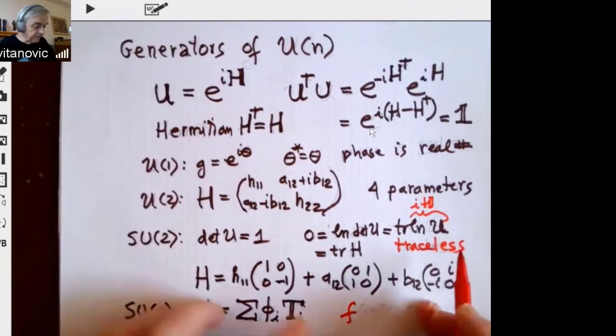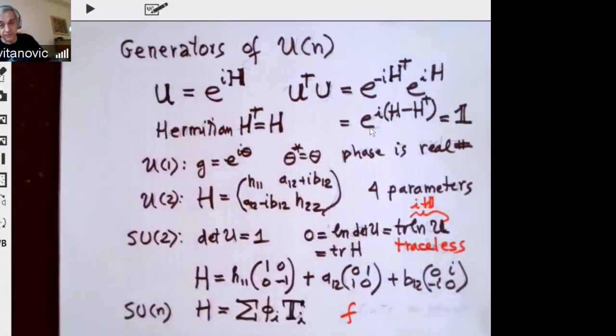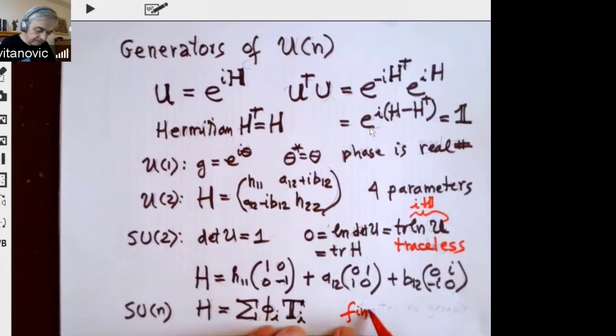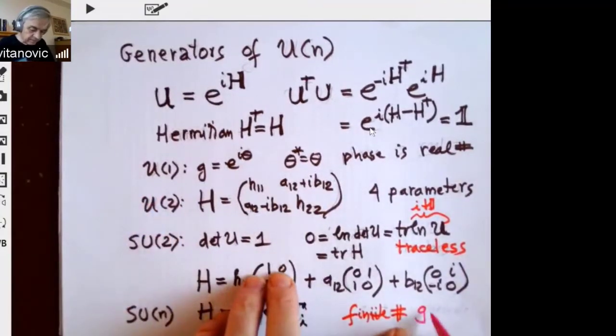even though you have infinitely many group elements, you can write a table like we did for finite groups that specifies what it is. There's a finite number of these guys, and they have a name. They're called generators.